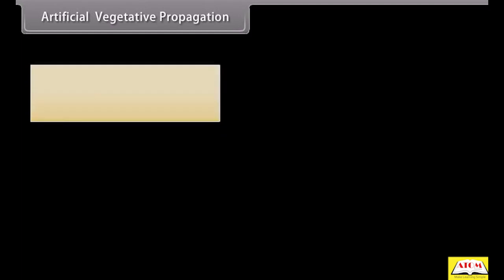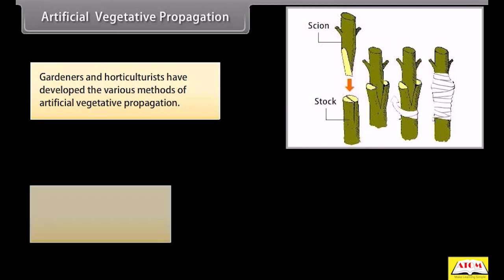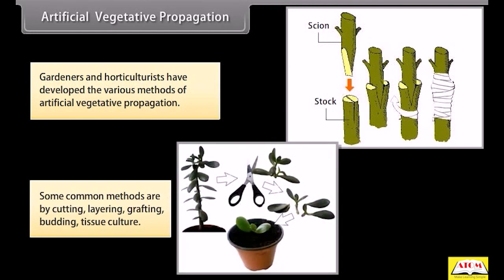Artificial vegetative propagation. Gardeners and horticulturists have developed various methods of artificial vegetative propagation. Some common methods are cutting, layering, grafting, budding, and tissue culture.